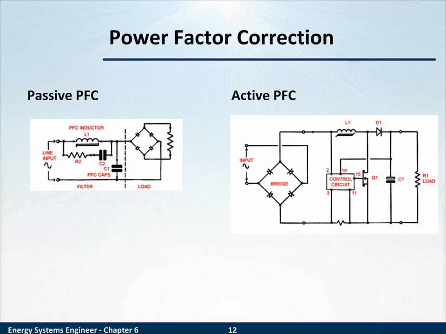Since a utility is paid on the basis of energy consumed, and the reactive component, that vertical component on our picture of current, doesn't register on a kilowatt hour meter, many utilities impose this power factor penalty to receive income for the total power they're required to deliver.